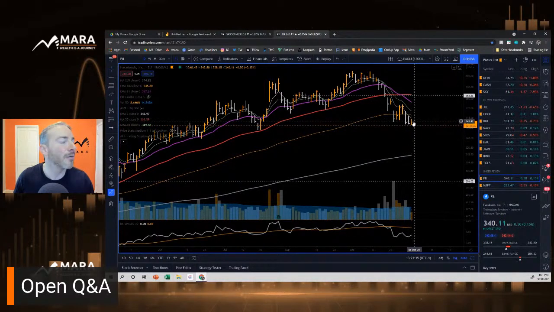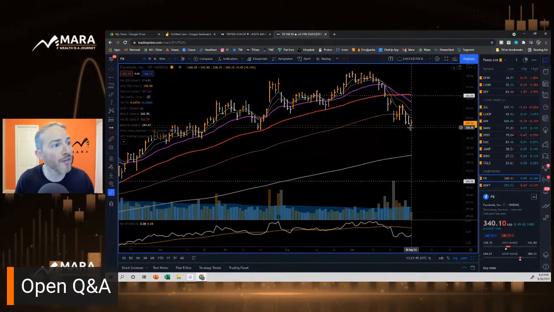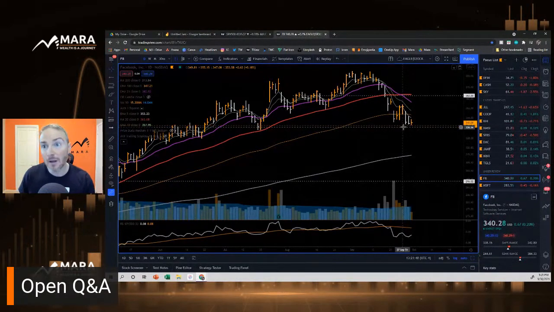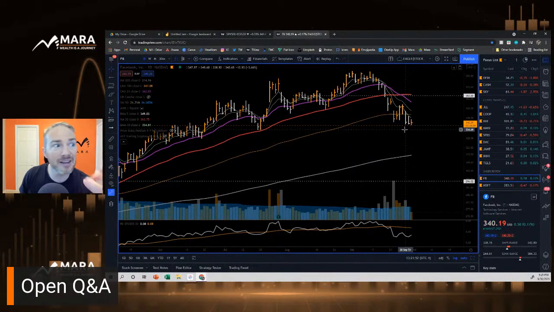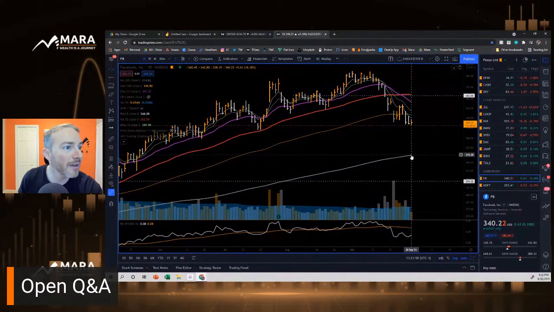The reason I would want to sell puts on Facebook is because when the price starts to break a support level, what you'll tend to see is a massive increase in volatility. My idea is I want to sell that volatility, collect that premium, and try to sell the options down here at around 320.